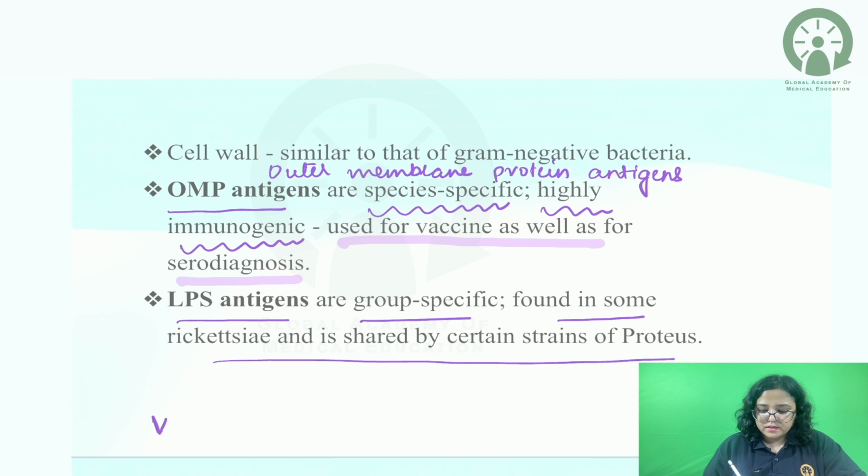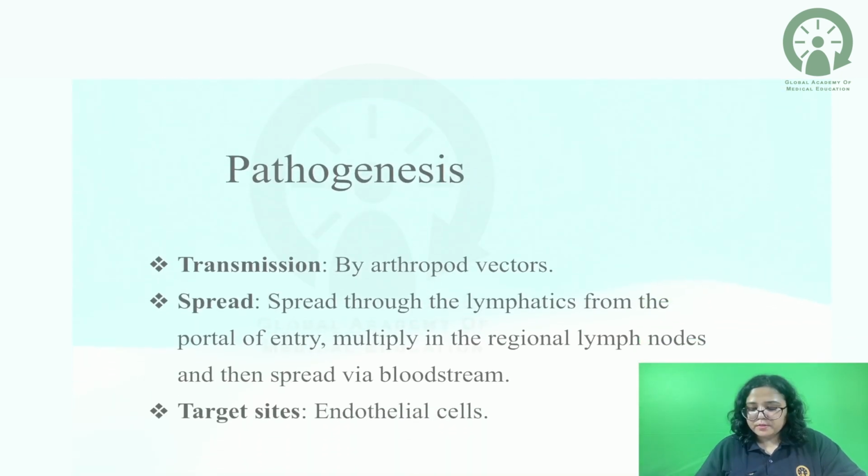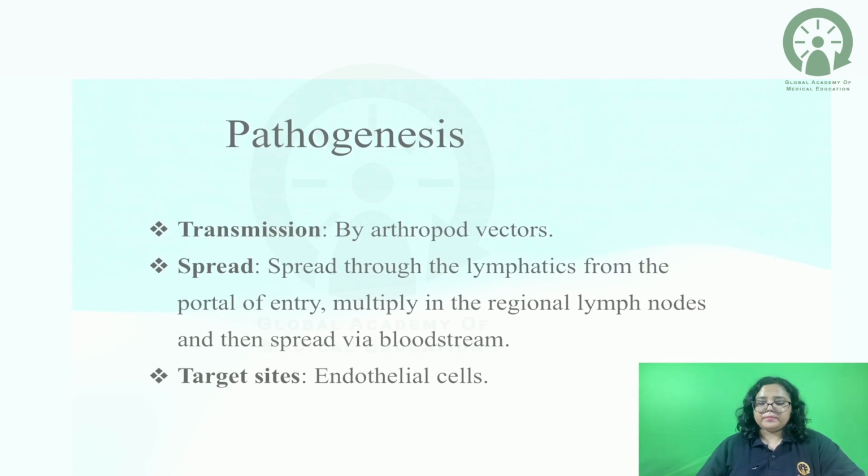This forms the historical basis of the Weil-Felix reaction, which is based on the presence of heterophile antigens, shared antigens between Rickettsia and some non-motile strains of Proteus vulgaris, OX19 and OX2, and OX-K of Proteus mirabilis.